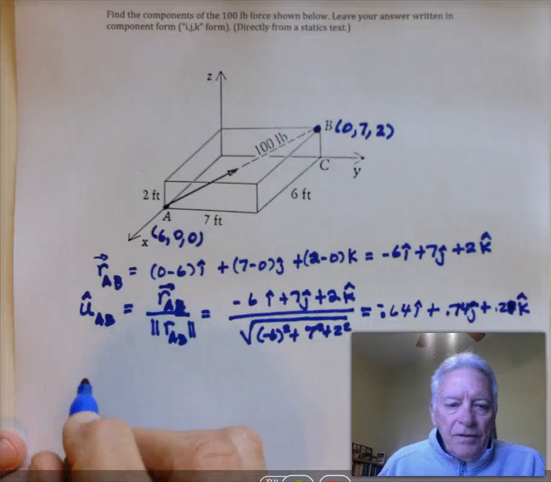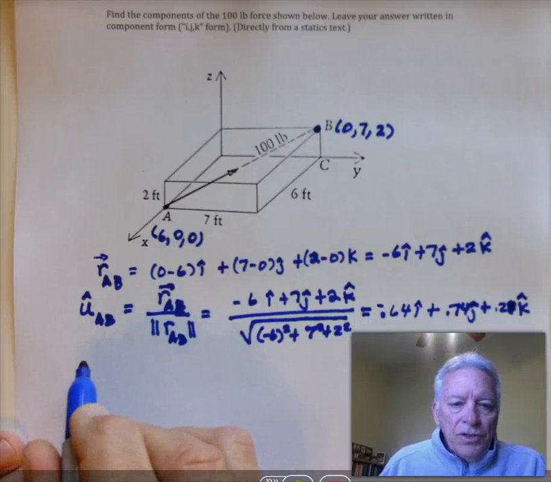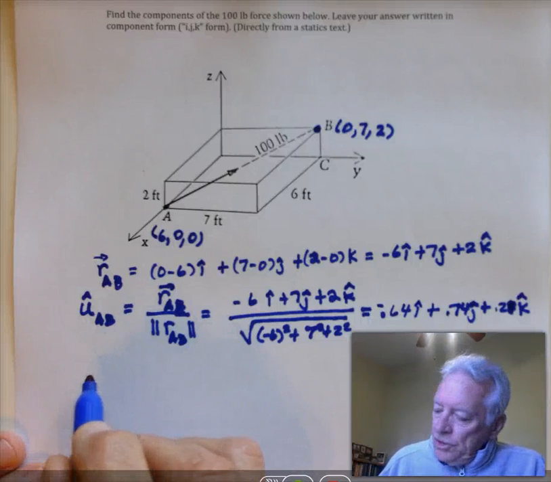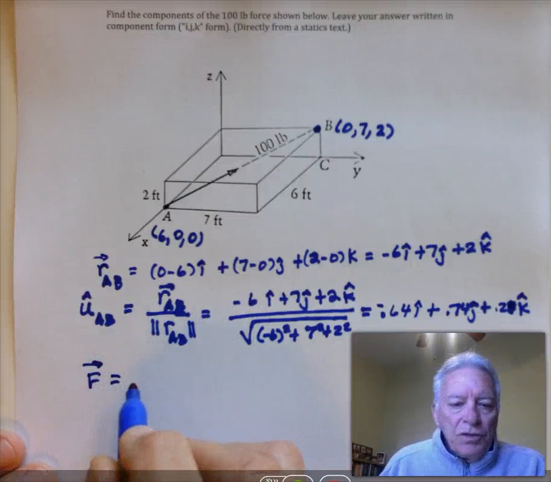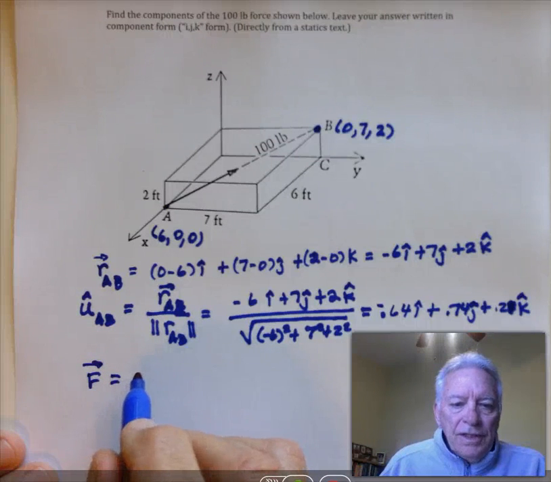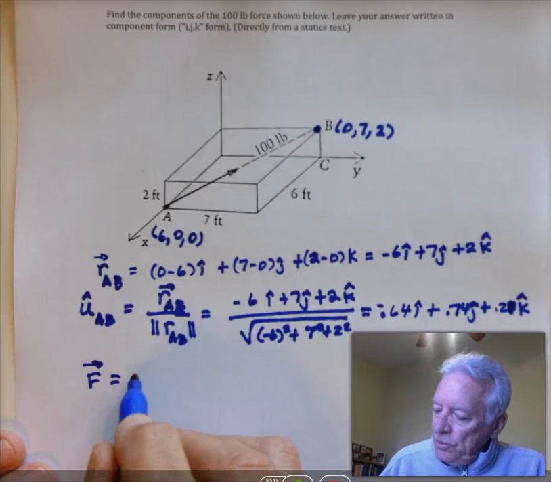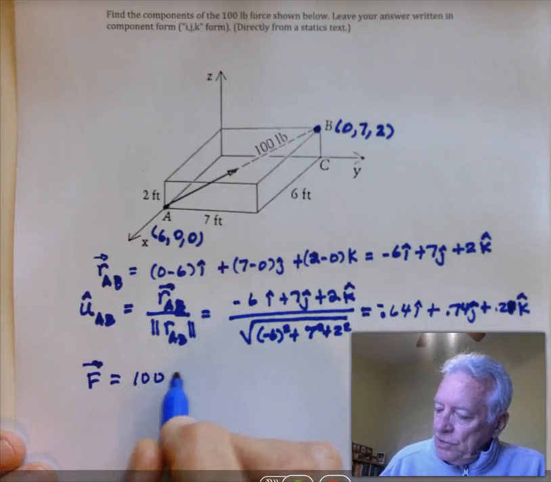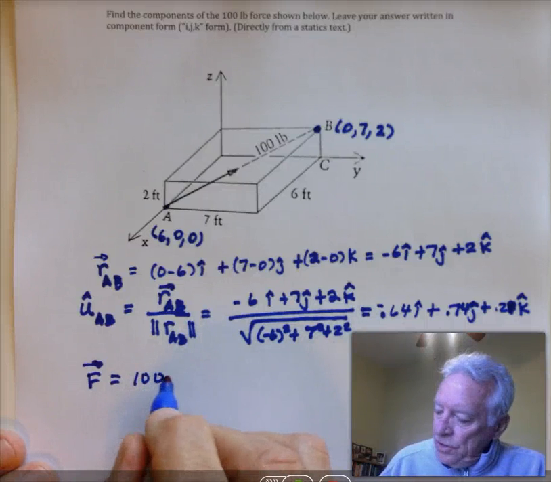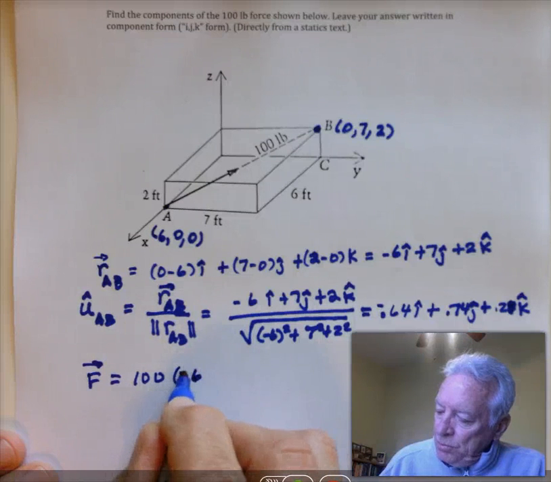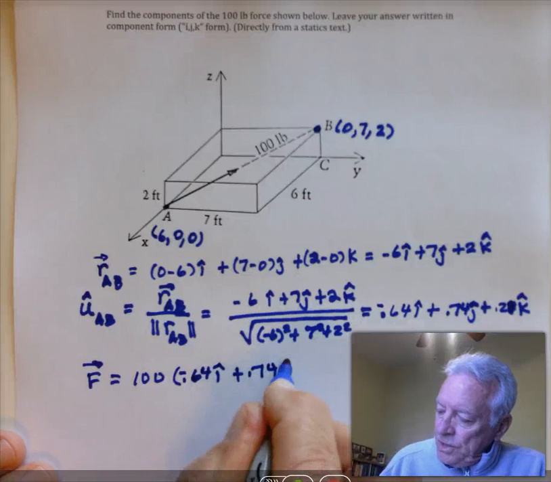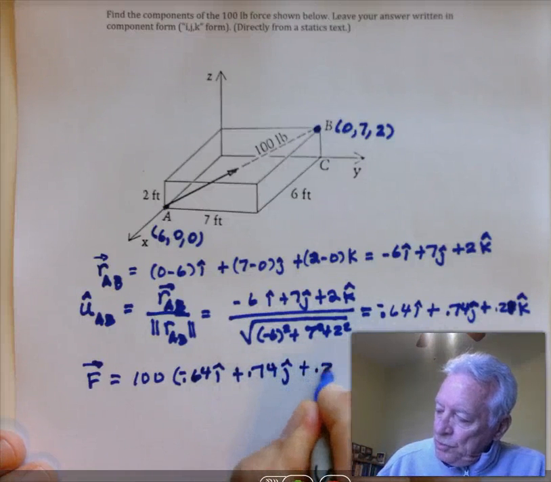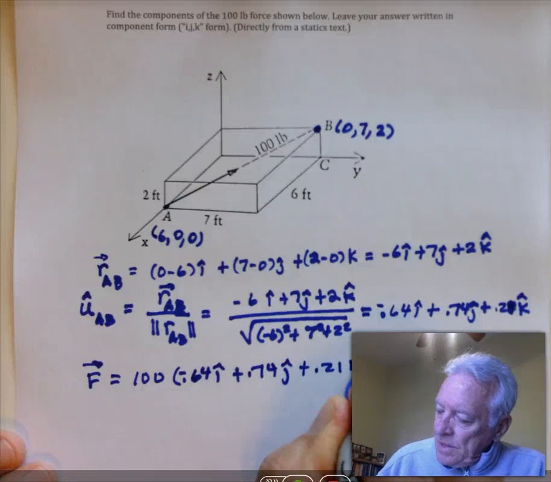Next, to get the final answer, what is the force vector? We just have to realize that the force vector is going to be the magnitude of the force times the unit vector in the direction of the force. And so that would be 100 times the vector that I just recorded there, negative 0.64i plus 0.74j plus 0.21k.